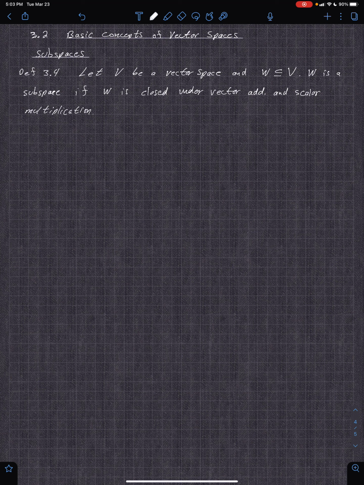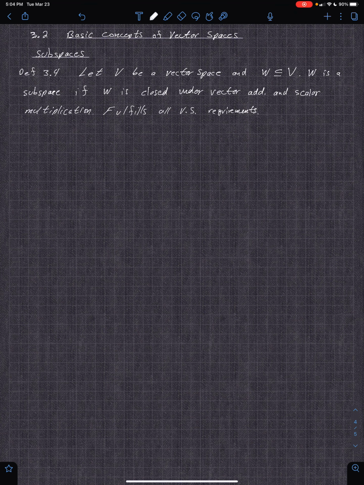And basically, we also have in there that it fulfills all vector space requirements. Though the idea is, this is the next theorem, they kind of go together.